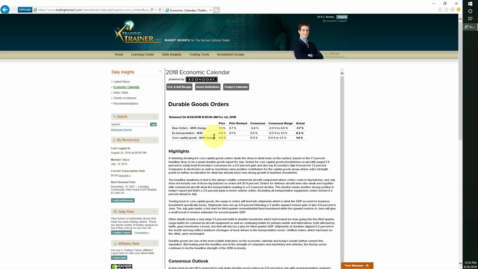When you factor out the more volatile transportation sector, in June, new orders we reported were up 0.4%, and we revised that number this time around to being only up 0.1%. For July, we're reporting new orders ex transportation up 0.2%. Core capital goods in June came in at 0.6%, and for July, we're reporting 1.4%.